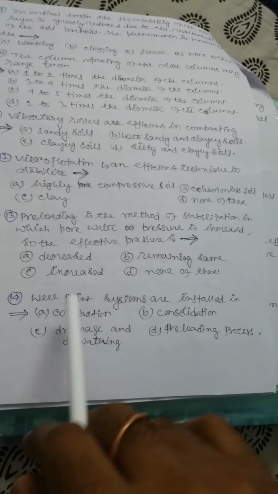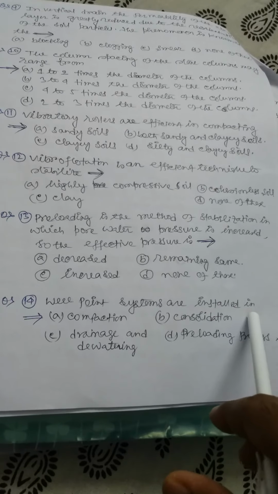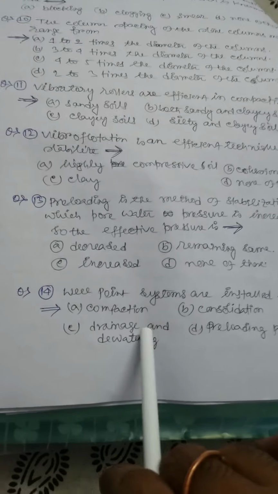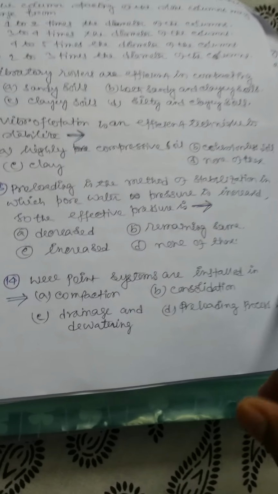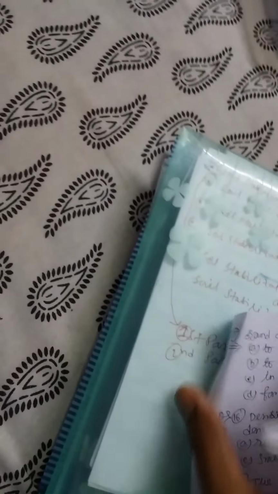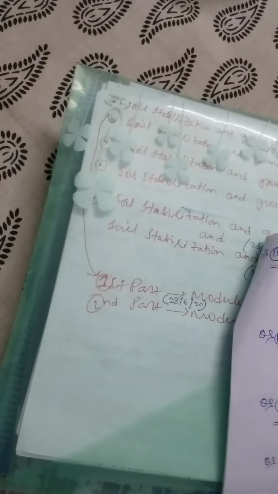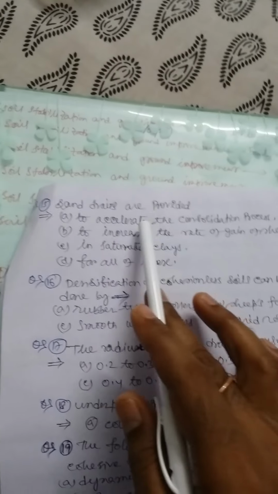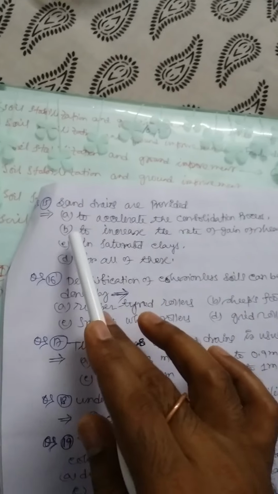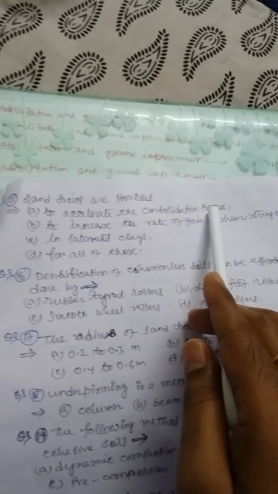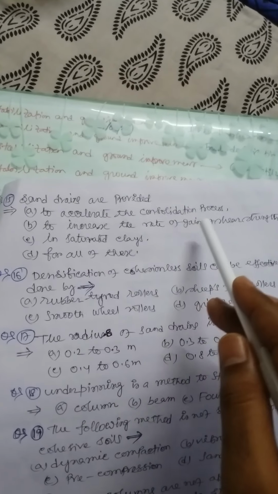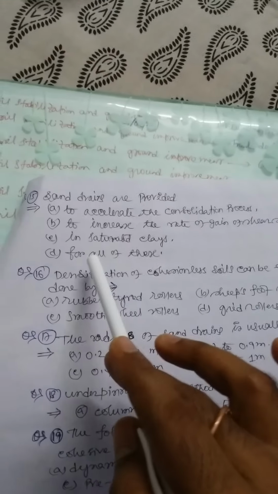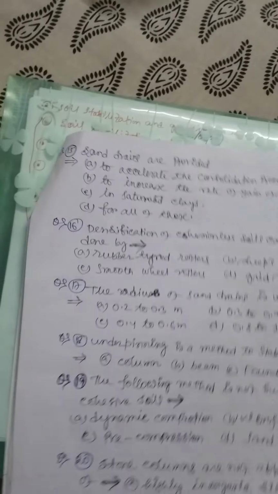Number 14. Well point system is installed in: compaction, consolidation, drainage or dewatering, and preloading process. Now, question number 15. Sand drains are provided: A, to accelerate the consolidation process; B, to increase the rate of gain of shear strength; C, in saturated clay; and D, for all of these. 16.